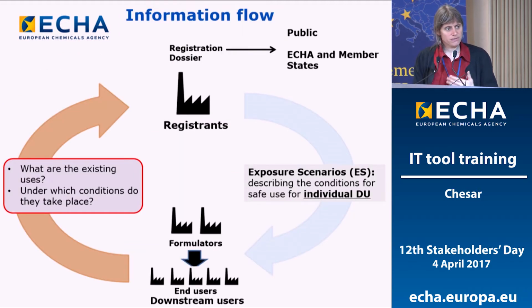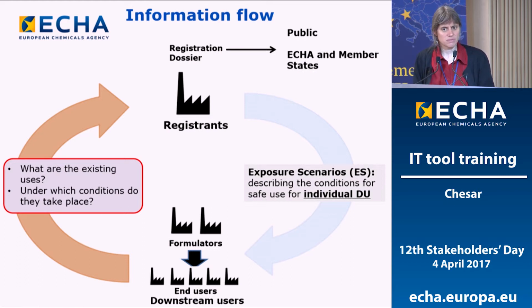The information flow, so I already mentioned that there is a need for communication. In the end, the registrant, the one who is here on the top, has to prepare his registration dossier. But for that, he needs information on the use of the substance. And this probably comes, that's the arrow on the left, from downstream users. What are the existing uses for the substance, and under which conditions do they take place?